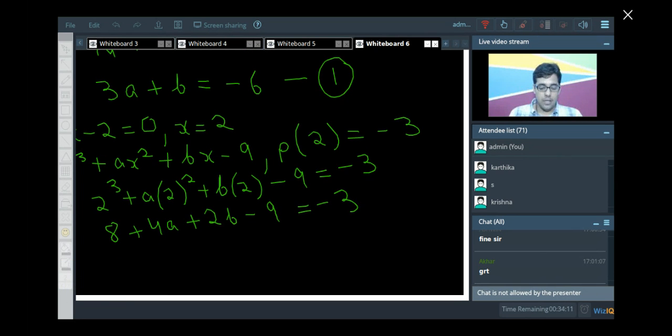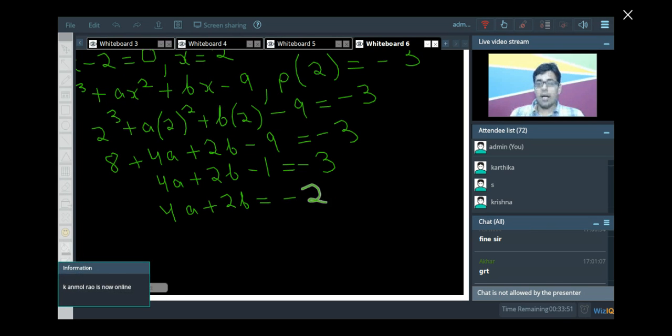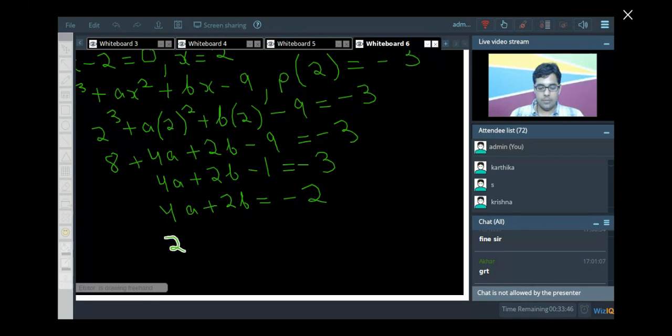Solving this further, it would be 4a plus 2b, 8 minus 9, that is minus 1, equals minus 3. And now it will become 4a plus 2b equals minus 3 plus 1, that is minus 2. Again dividing both sides by 2, it would become 2a plus b equals minus 1.